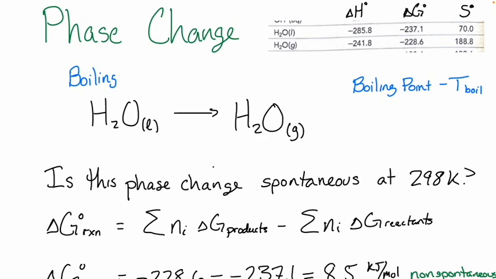All right, that's what it means to be at that boiling point. So this phase change is at equilibrium. And it turns out that at equilibrium, the delta G for a reaction will equal 0.